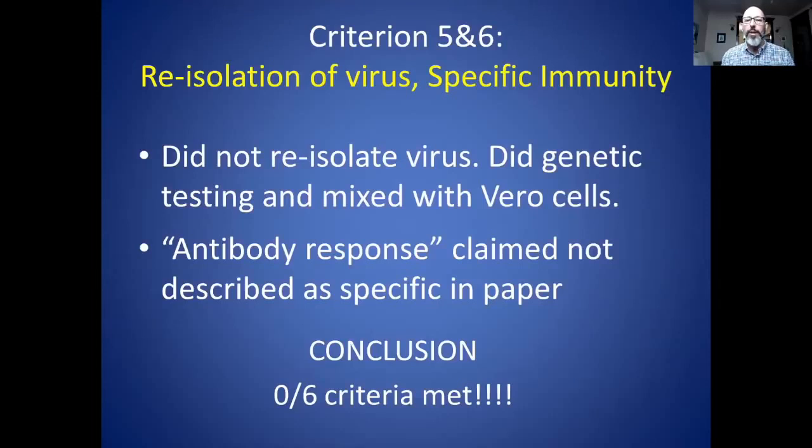And then they claimed that they satisfied the remaining 3 criteria, but once again, upon closer examination of their procedures, they did not satisfy any of them. So this is what I would consider a fraudulent paper, because they cannot provide any evidence to back up any of the claims they made in their paper, and it's very, very misleading.